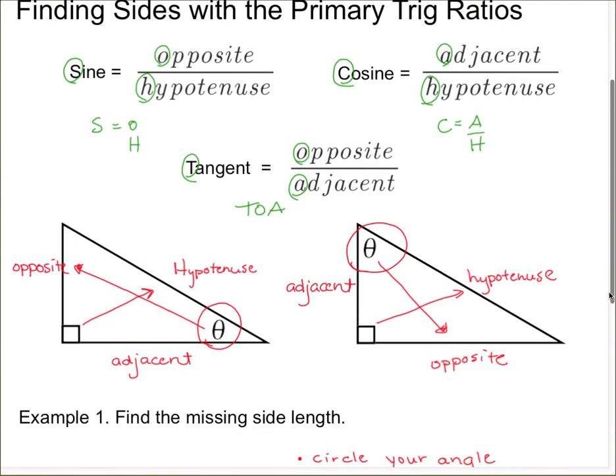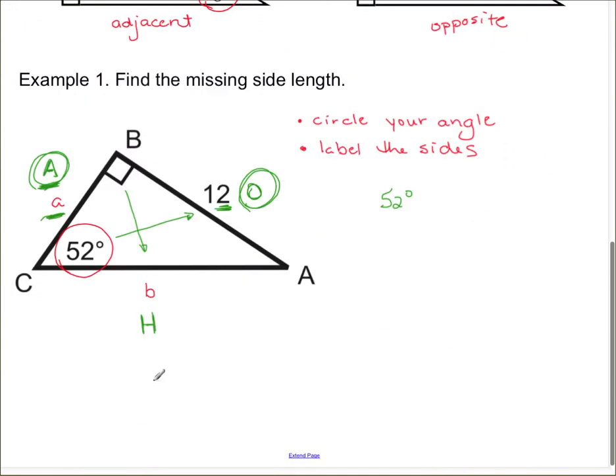And so SOH CAH TOA is what you should have in mind when you're doing these things. So I'm just going to write SOH CAH TOA. And these two things that I've circled, because I'm finding little a and I have to use a number, is A and O. And A and O are in TOA. So I'm going to put the T in front of here, and the T is tan.